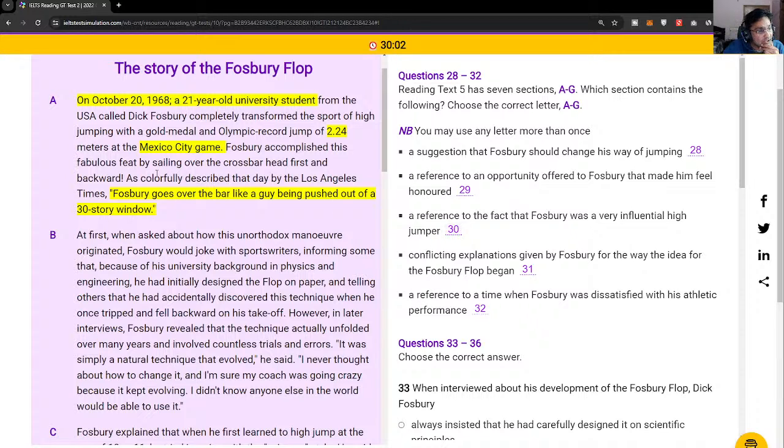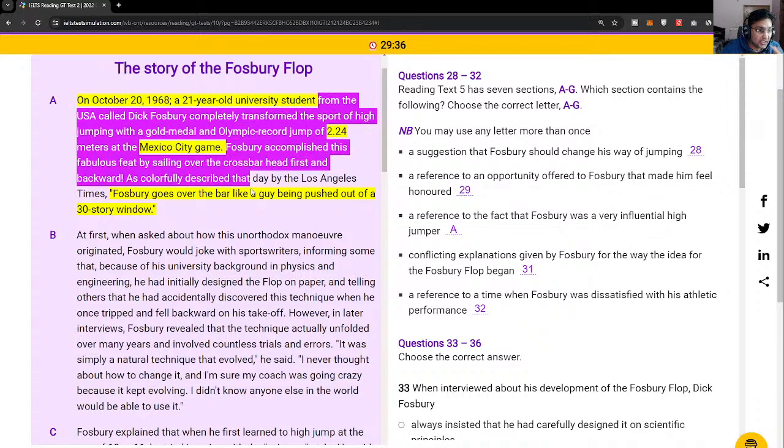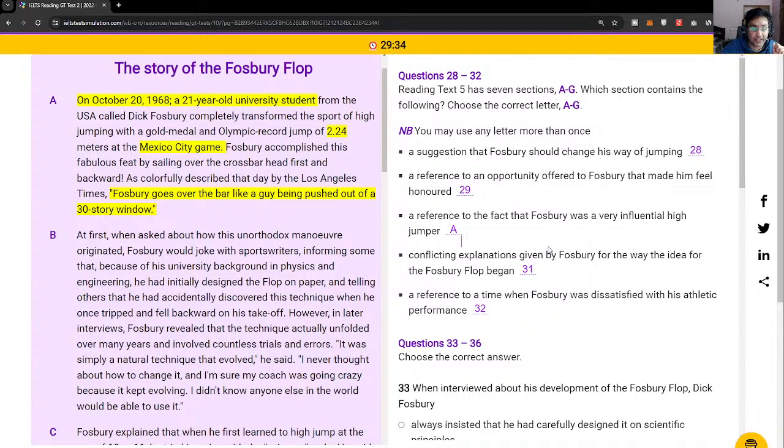This seems to be a close one. Let's see if this one works. A reference to the fact that Fosbury was indeed a very influential figure. Yes, this is a reference that he was indeed a very influential high jumper. Yep, this one perfectly matches it.